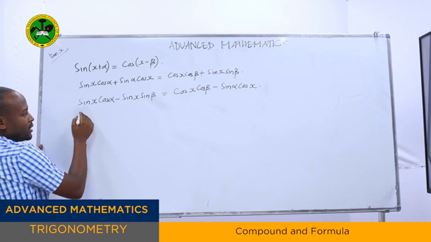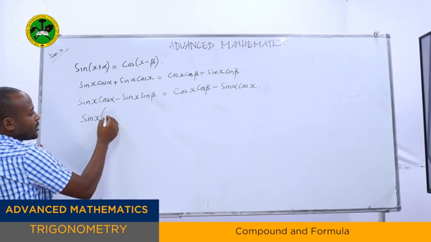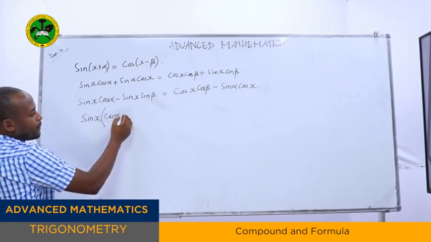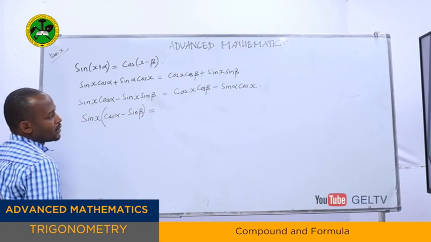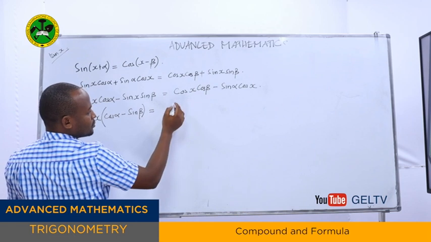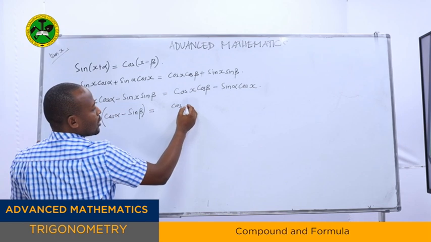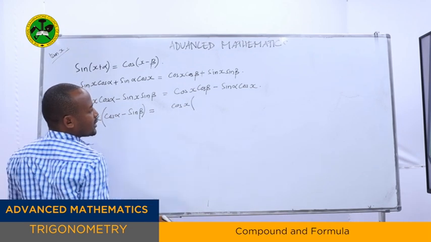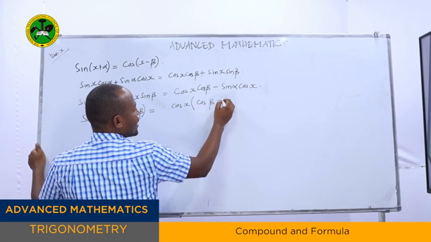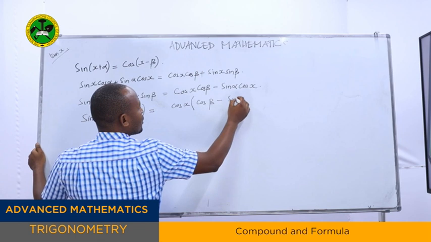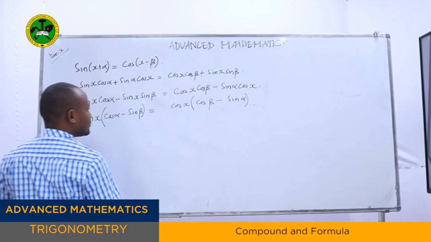Oh, so we have like terms there. Can we factor them out like this? Then we are going to be left with cos alpha minus sine beta. And then, taking cos of x out, we are going to be left with cos of beta minus sine alpha.